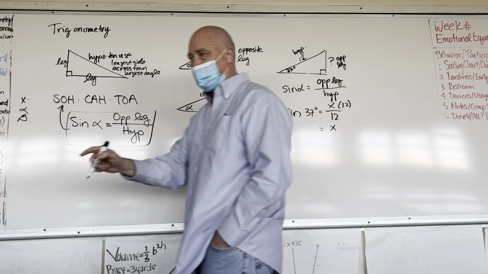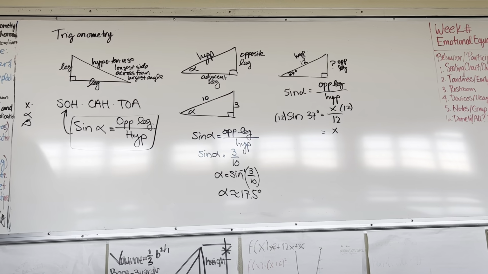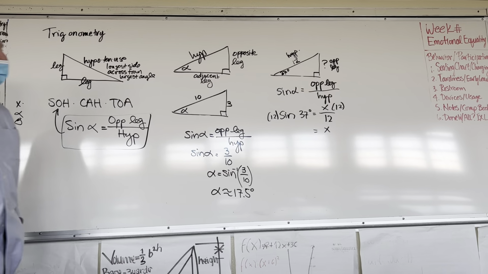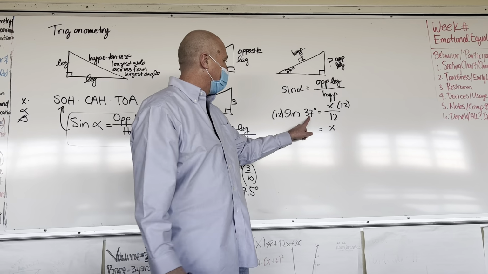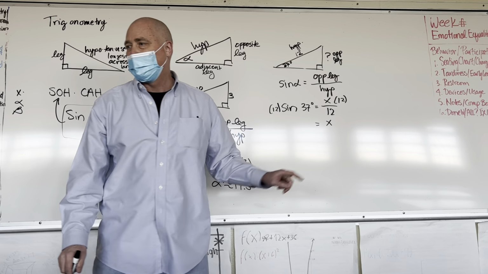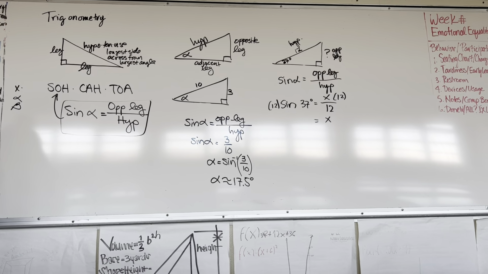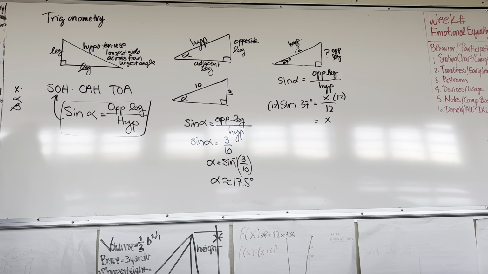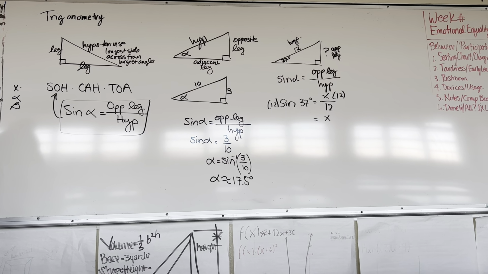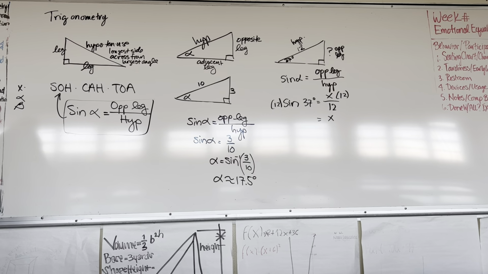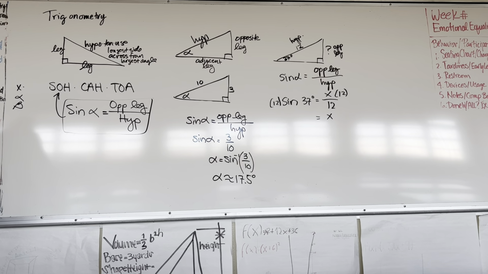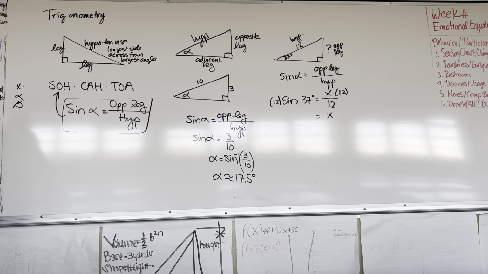Okay, ready on yours again? So go to your calculator again. Type in 37 degrees. If you're an iPhone user, 37 sine times 12. Go back to second. There's sine times 12 equals.